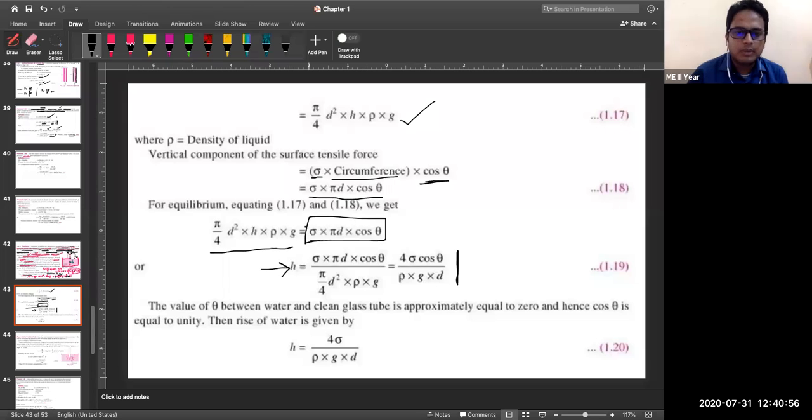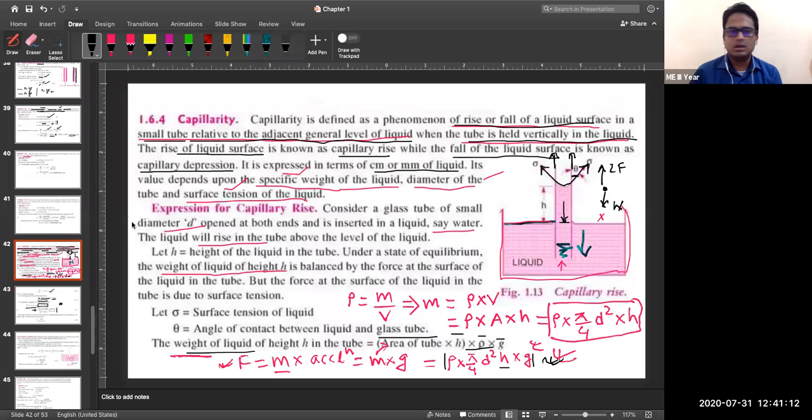Here that multiplying factor 2 is not considered. It is only written pi d, because it is acting on the circumference. All the circumference is acting, so pi d is considered. So here I have written wrong; here you will have only F, not 2F.